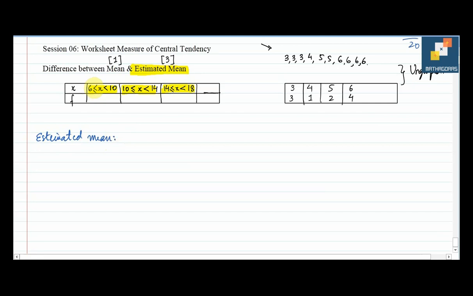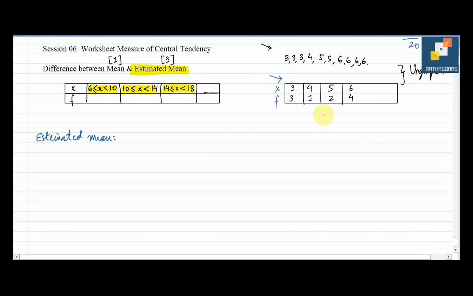If you observe the example, it states from 6 to 10, so there is no specific value of x. While in ungrouped data, there is always a specific value of x and the frequency is known for both of the cases, right?